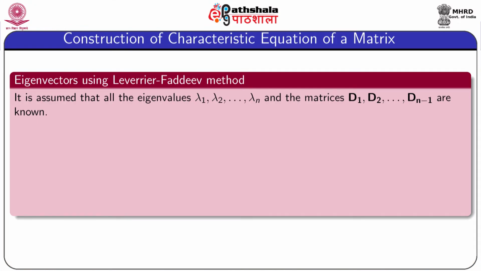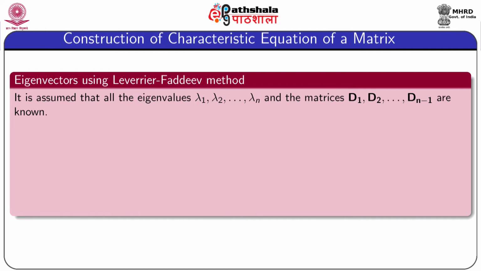Now, we describe the Leverrier-Faddeev method to find the eigenvectors of a matrix A. Here we assume that the eigenvalues lambda 1, lambda 2 up to lambda n are known, and also the matrices D1, D2 up to D(n-1) are known. That means previously we have already calculated the matrices D1, D2 up to D(n-1) along with the matrices B1 to Bn.